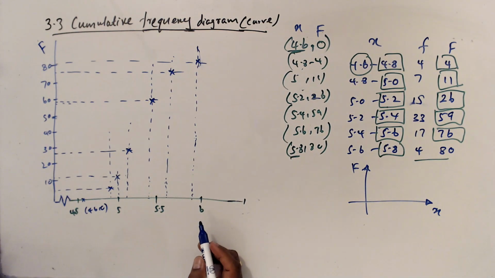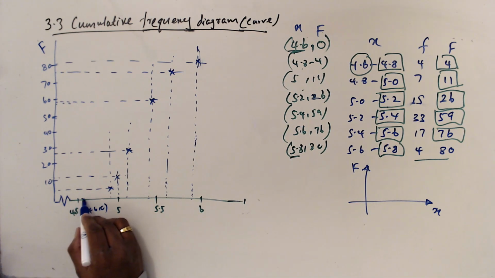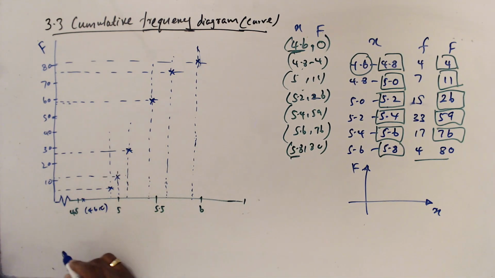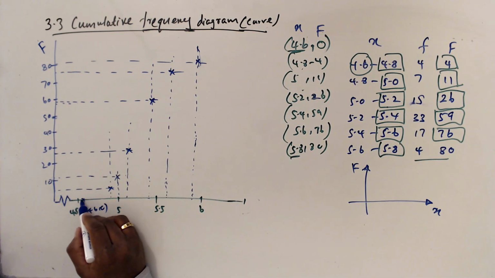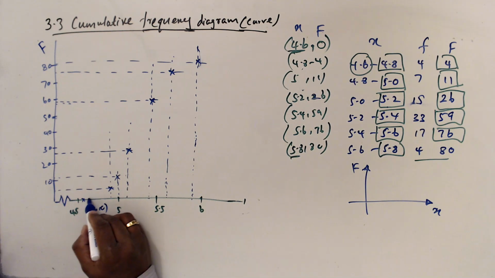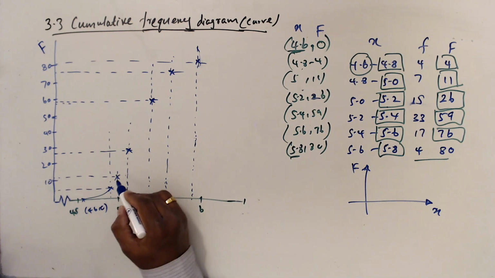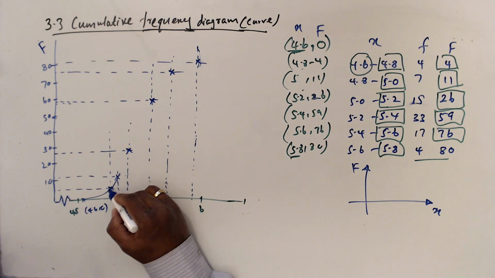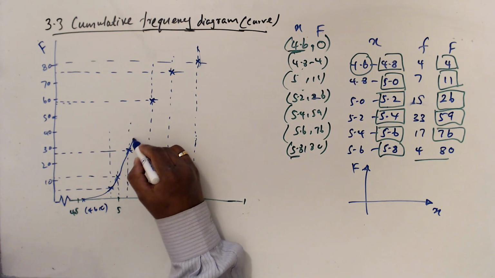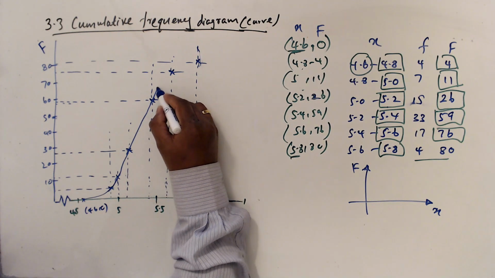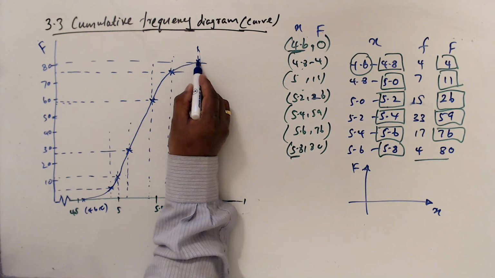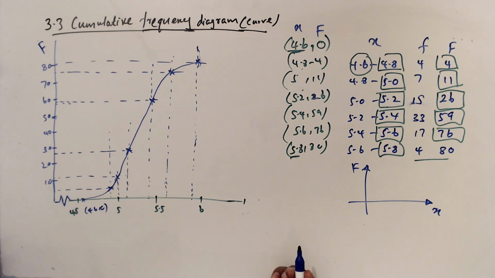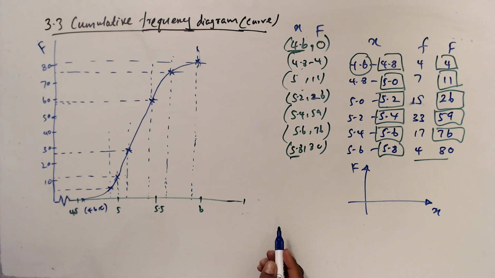If we draw this with straight lines, it's going to be a polygon. Instead of that, we are doing a smooth curve, like this. Now this is the cumulative frequency diagram or curve.